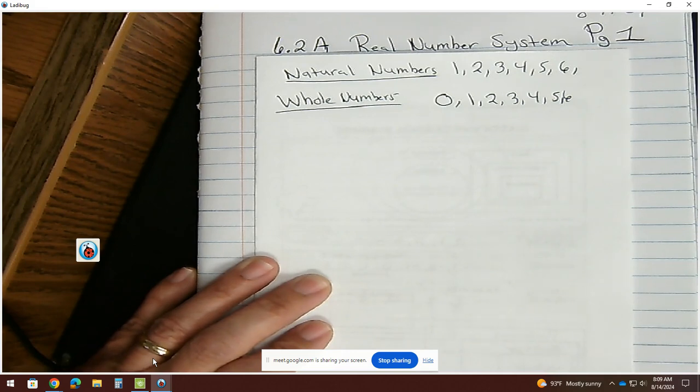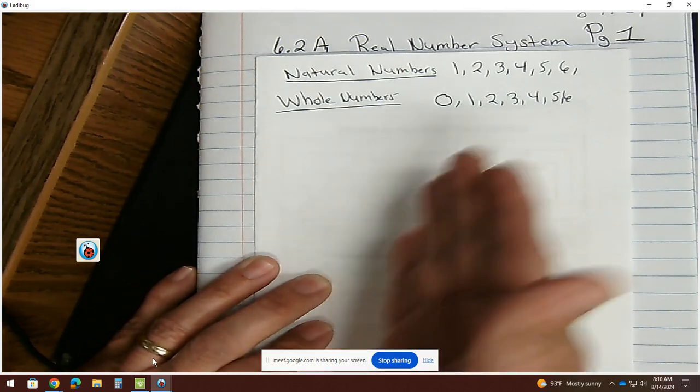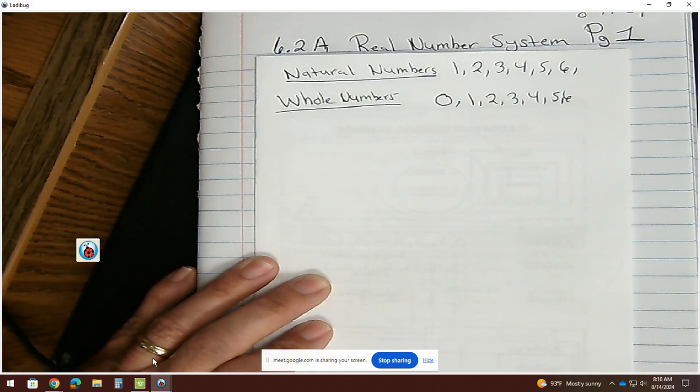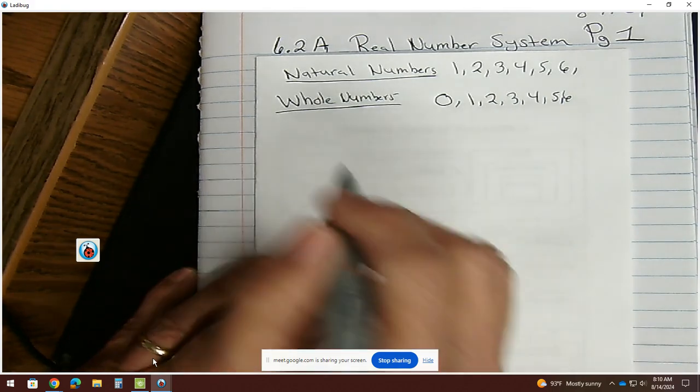As life continued to go, somebody said, what happens when we owe money? When we owe somebody money? Or when in football you lose yards? Or in the stock market it drops? Or the temperature goes below 0? What do we do now? We can't use those. Negatives. Very good. Those are called integers.